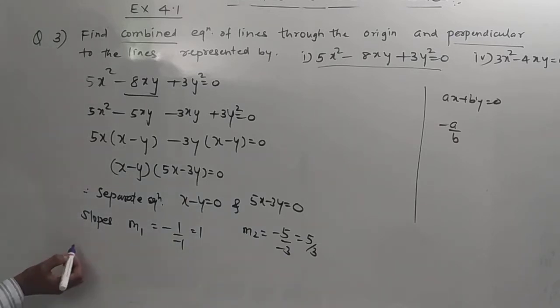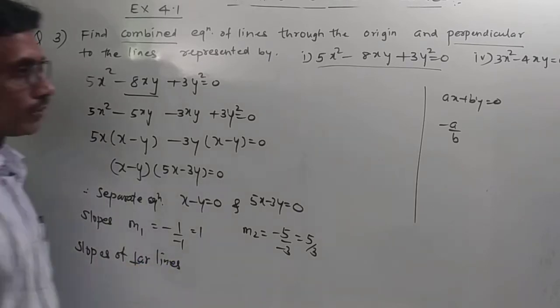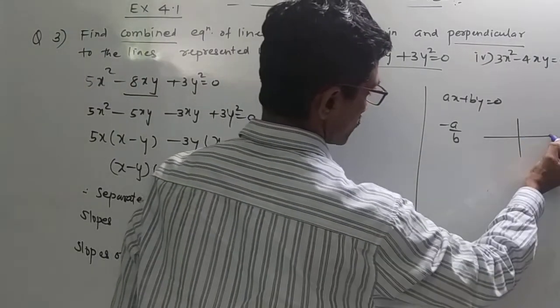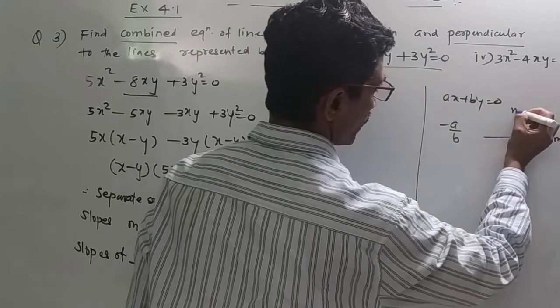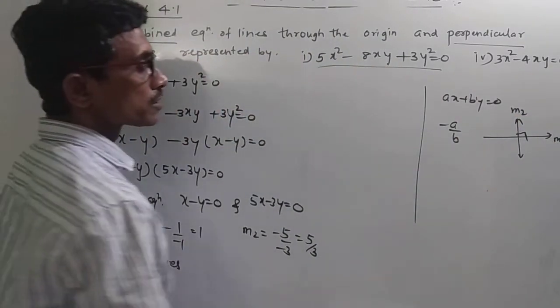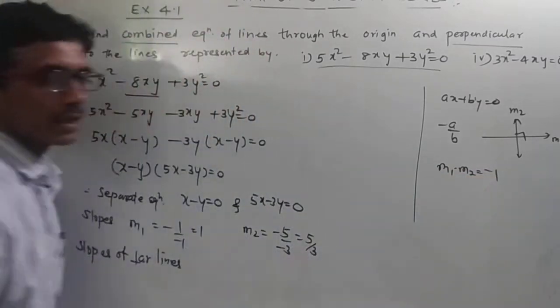Therefore slopes of perpendicular lines. See, if two lines are perpendicular, product of the slopes is minus 1. That is m1 m2 is equal to minus 1.